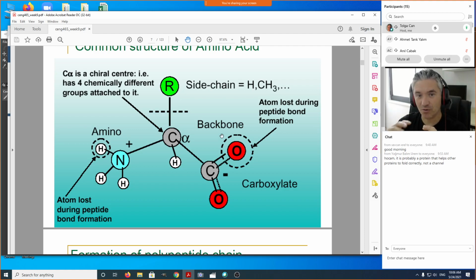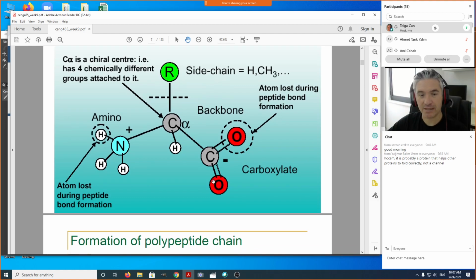If you're going to build those protein structures manually by hand, certain amino acids, since they're smaller, can fit those small locations much easier than the others. So the smallest this R can be is just a hydrogen atom, and the largest it can be contains maybe tens of other atoms. But this backbone is in every amino acid, and this commonality is what makes the bonding of amino acids with each other possible.